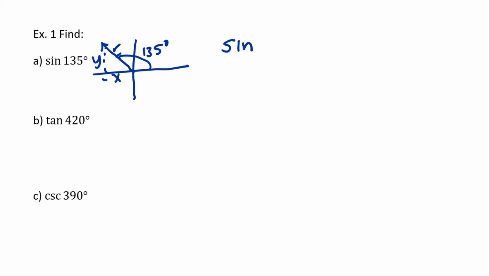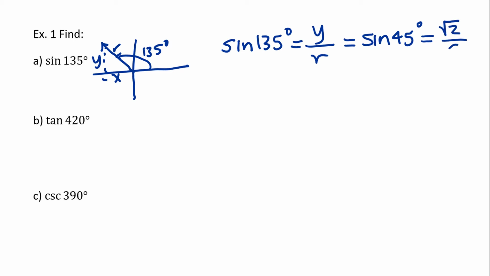And the sine of 135 degrees here will be y over r, which is exactly the same value as the sine of 45 degrees, because for 45 y is also positive. The sine of 135 degrees, which is the sine of 45 degrees, is the square root of 2 over 2.